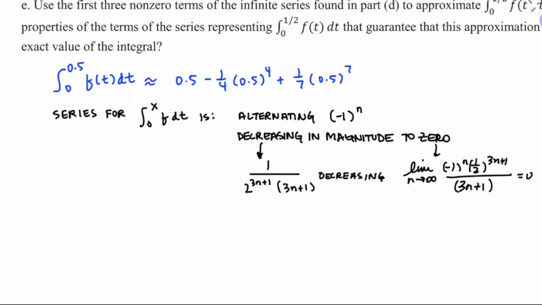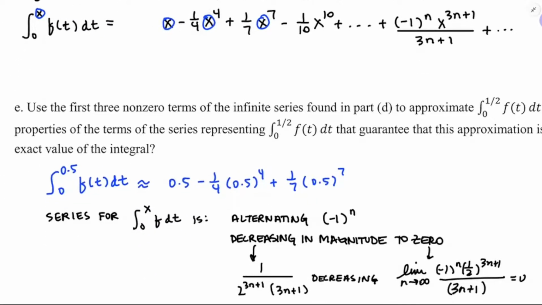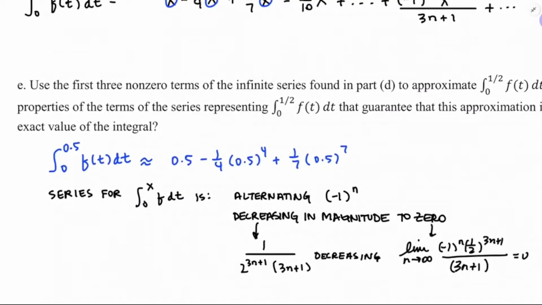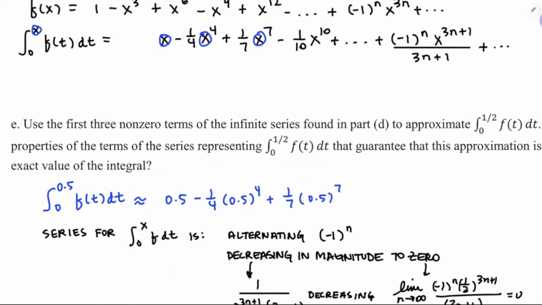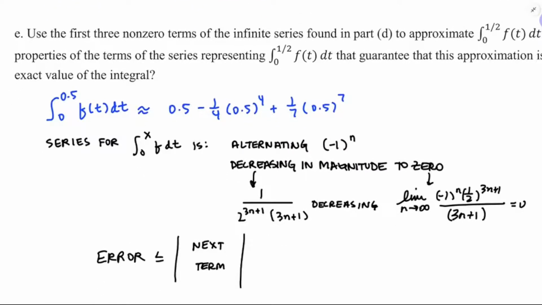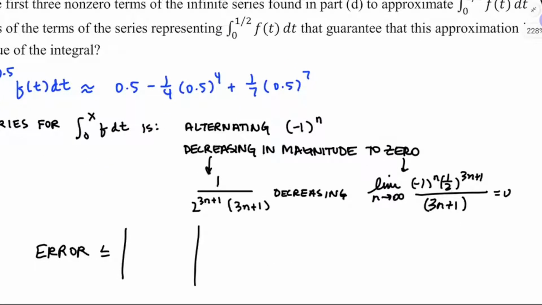And then 1 over 10,000, this one's pretty challenging, I think. The next term would have been negative 1/10 x to the 10. So the error is less than or equal to the absolute value of the next term. Had I used the next term, it would have been negative 1/10 x to the 10, and I would have plugged in 1/2.